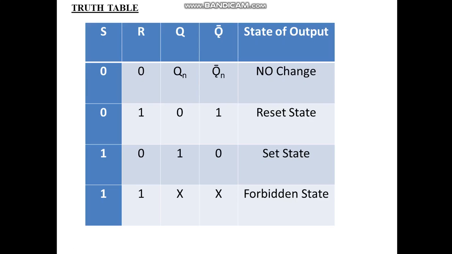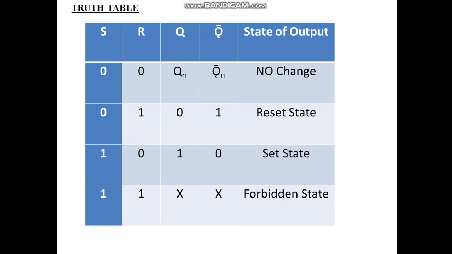Okay. So here, just see the truth table. How many states we have? We got set state and the reset state, right? Hence we call this latch a set reset latch. Okay, right? So again here, in the last state when S is equal to R is equal to 1, 1, that is a forbidden state.